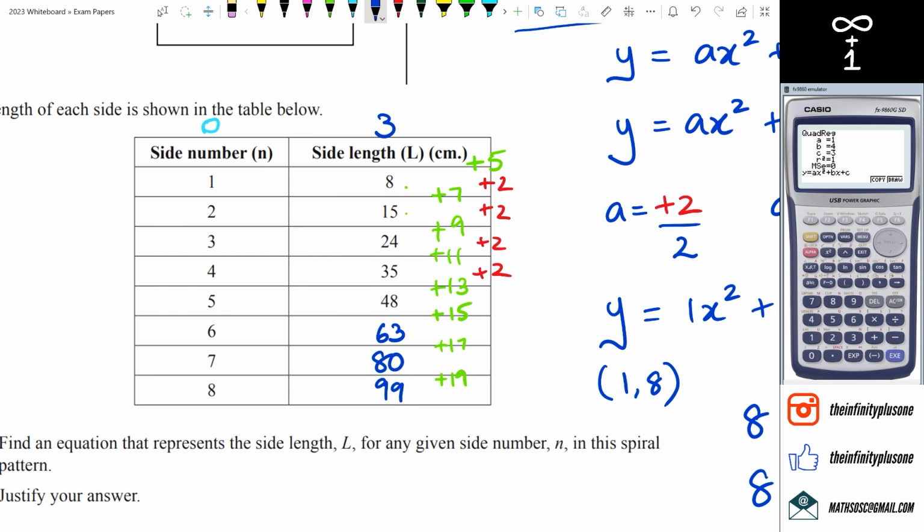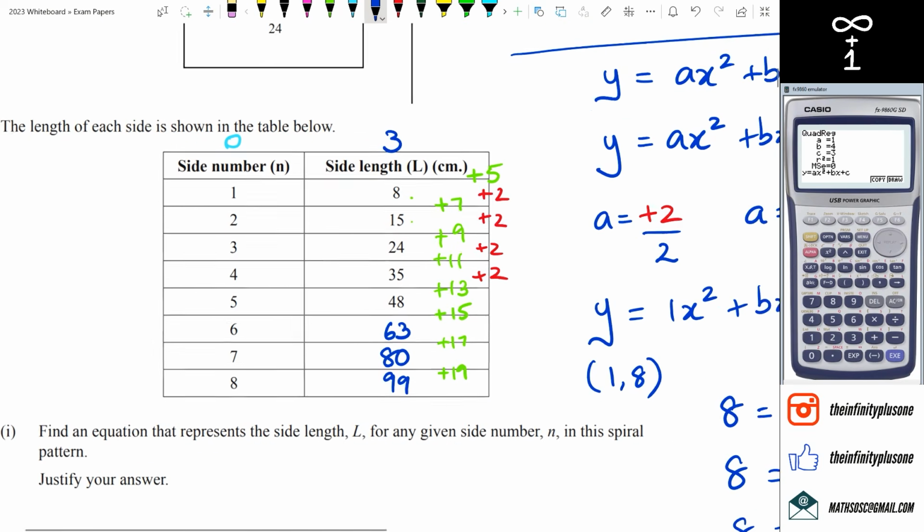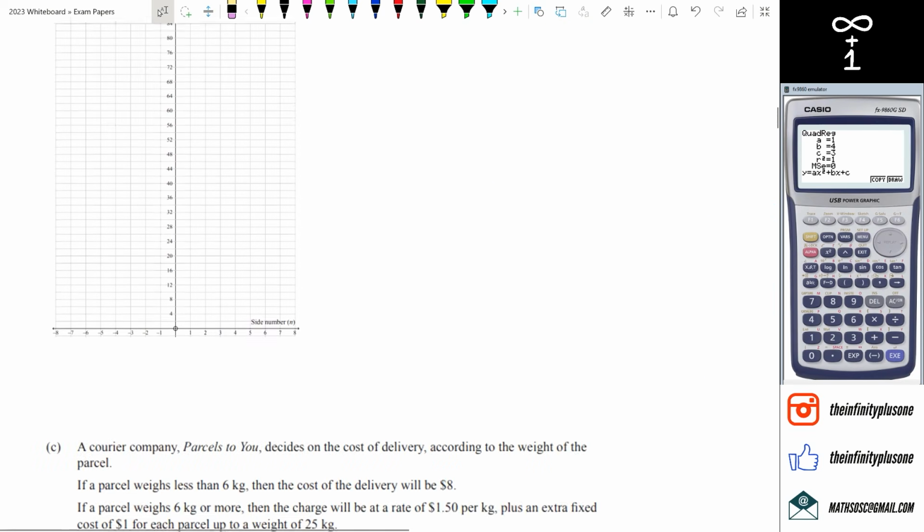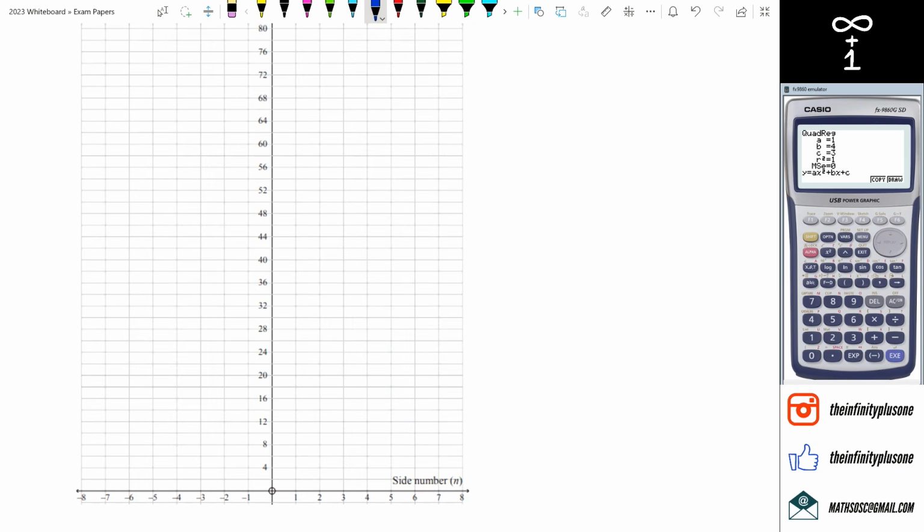So basically we've got to take this table and actually draw it on that graph. Now I've got to remember these numbers: 8, 15, 24, 35. Okay, let's try this out. So at 1 it's going to be 8, 15 is going to be somewhere at the halfway point there.